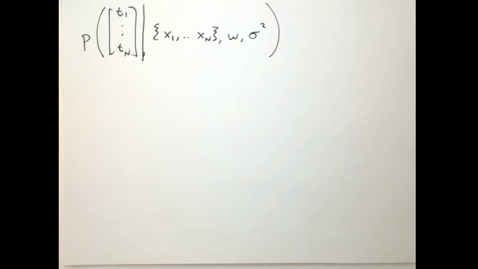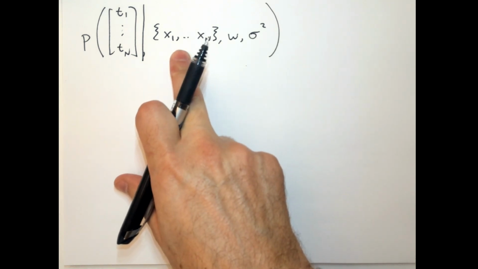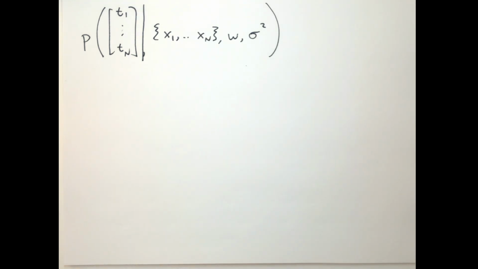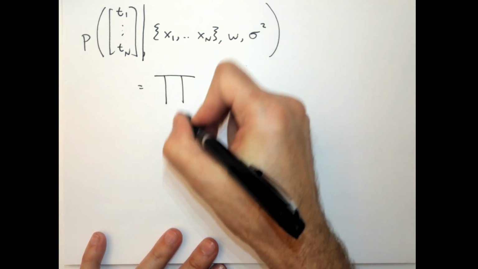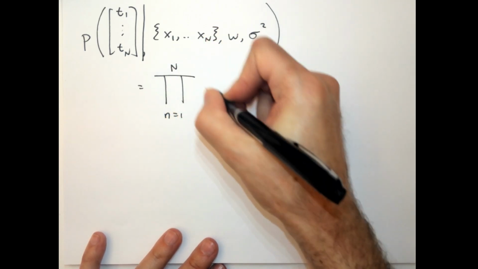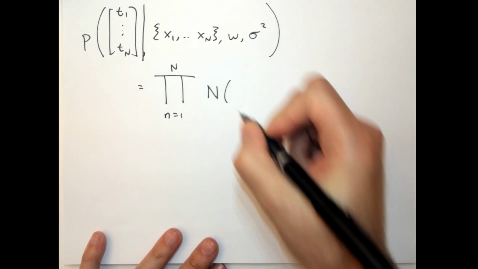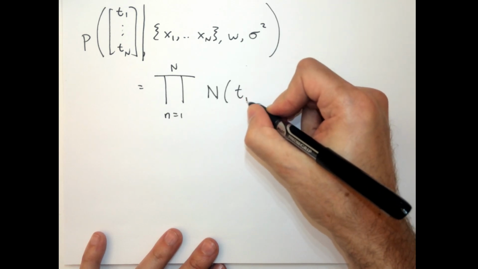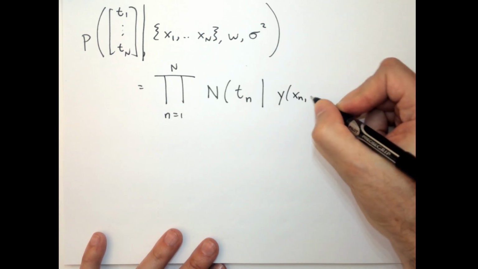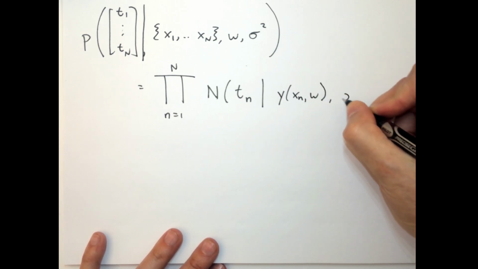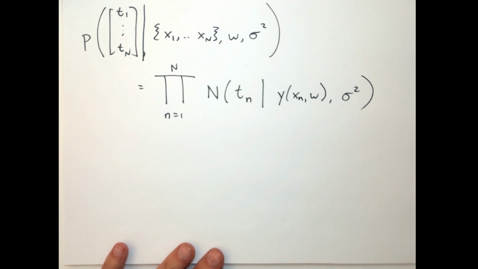And under the IID assumption, the joint distribution I can take apart into the smaller distributions. So I can say this is actually the product of a bunch of normal distributions for each of the targets given the model and sigma squared.